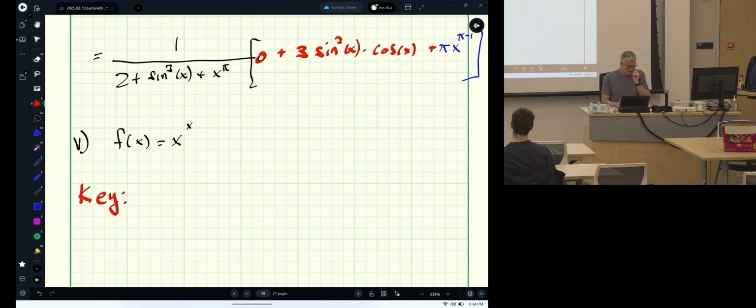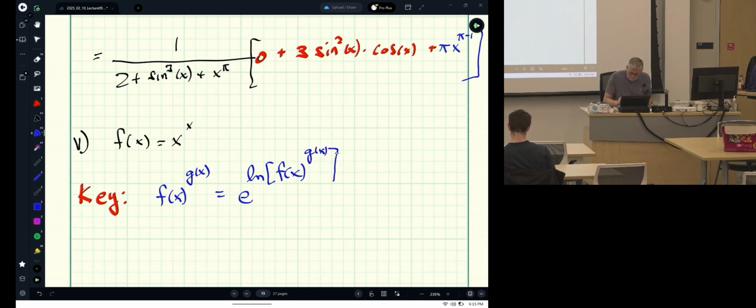Let me write this like this. f of x to the power g of x is e to the natural log of f of x to the power.